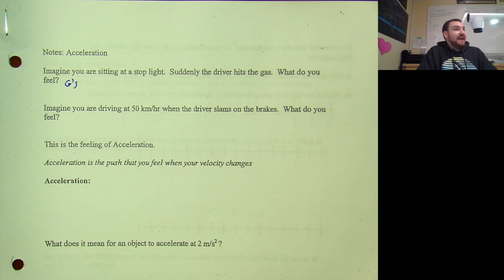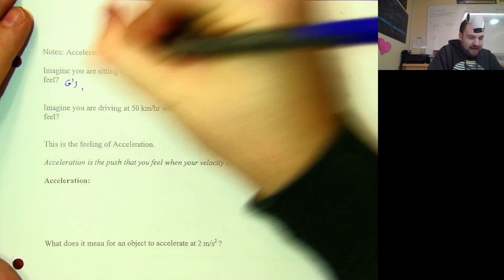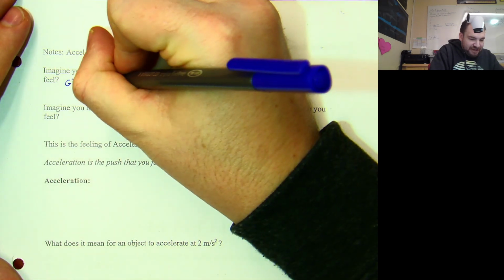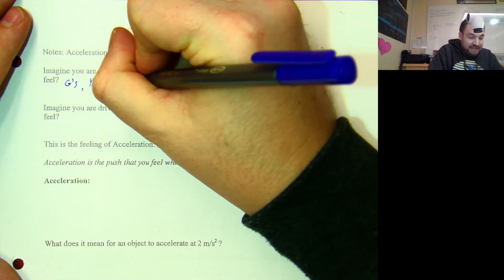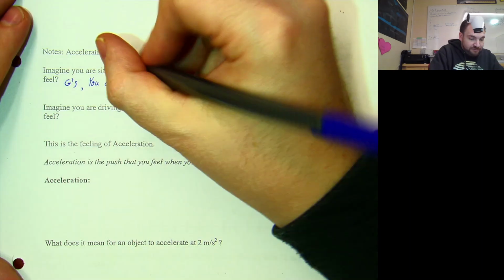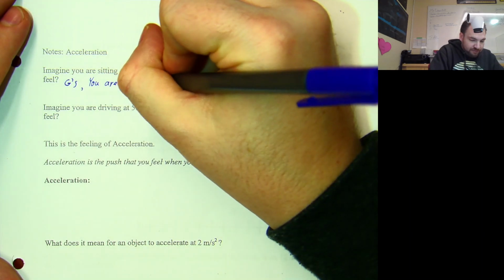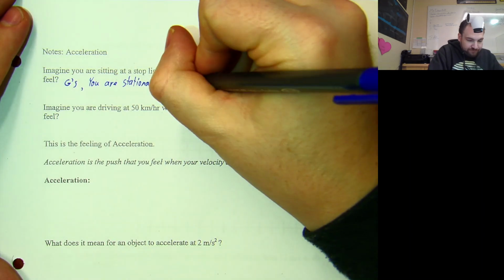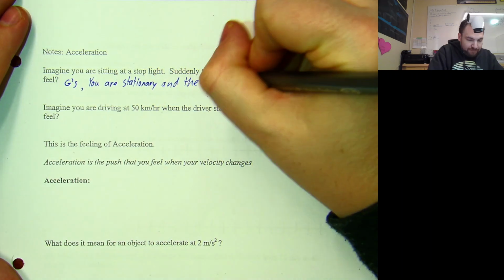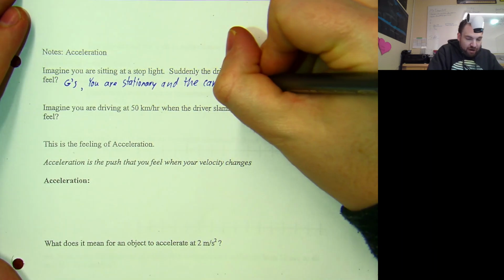But what's actually happening is a combination of what Khalil and Connor said, the idea that you are stationary in this particular example, and the car pushes forward around you.